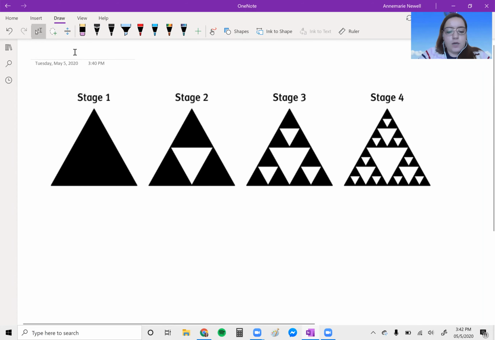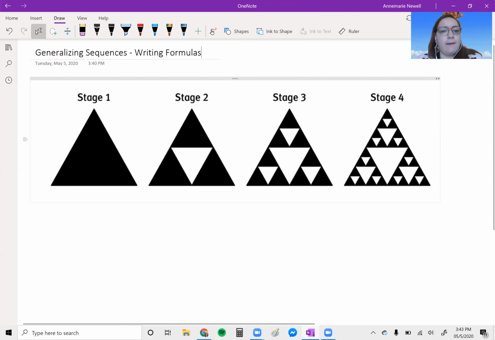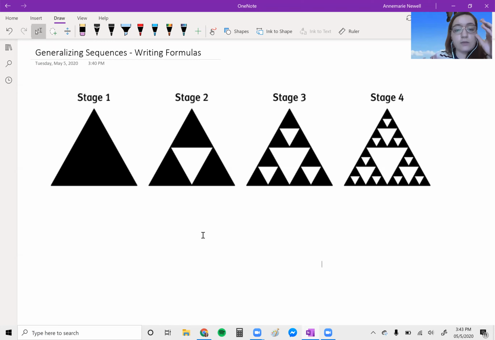Okay, so we're calling this generalizing sequences. This is writing formulas. So let's talk about how this is changing. I said that each black triangle is being split into three smaller triangles as you progress through the stages.